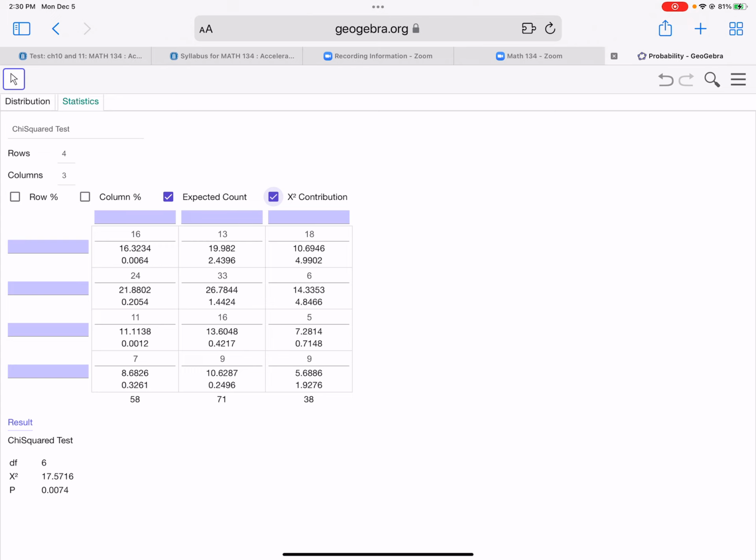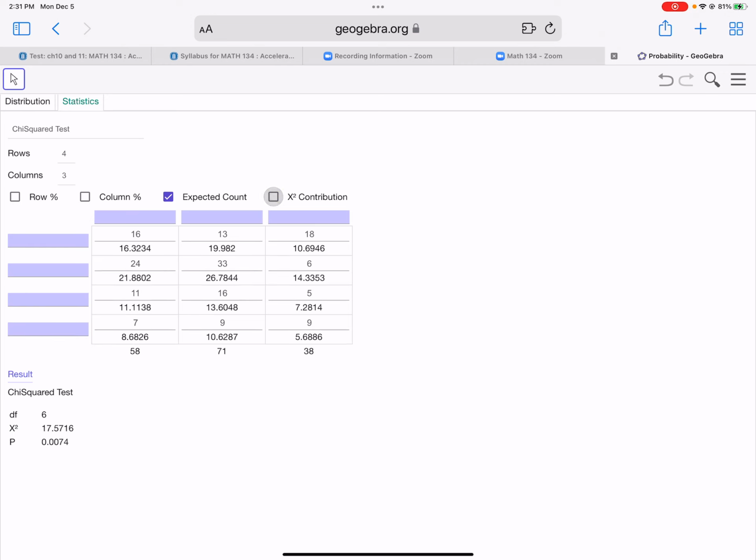So we have the chi-square contribution, but we don't need to know this. To answer the question, we only need to get the expected count. For the test you don't have to worry about this, right?